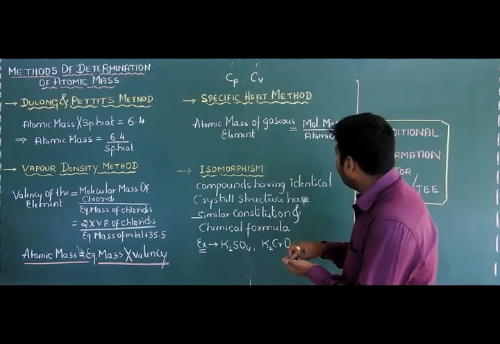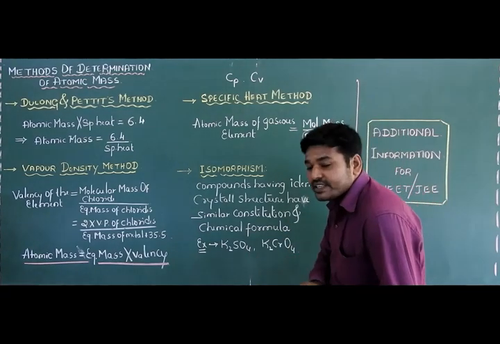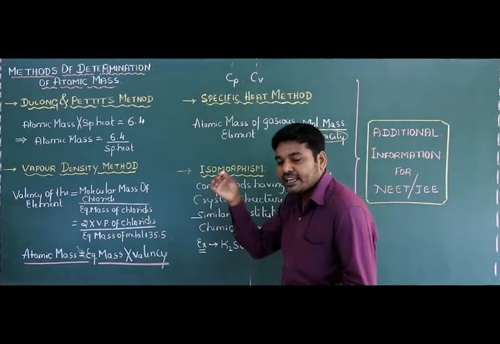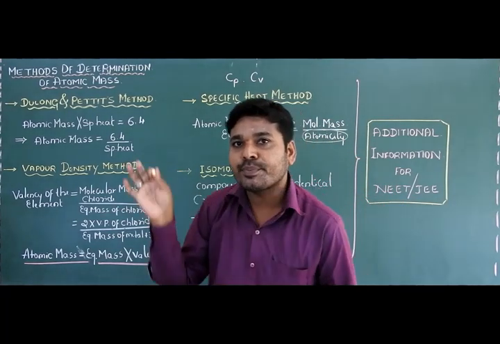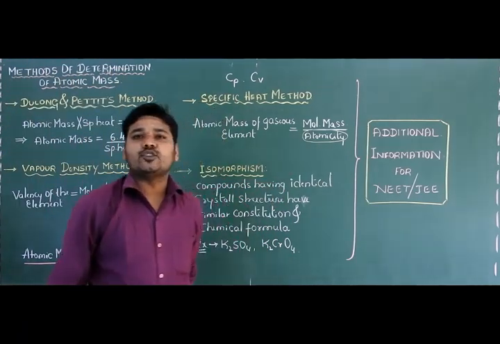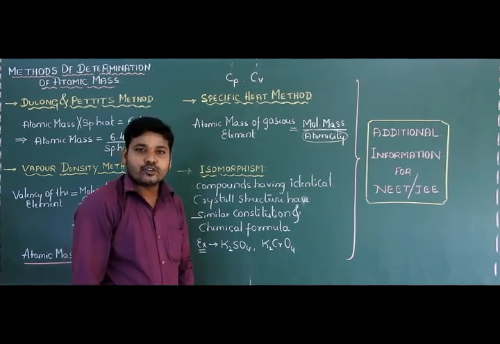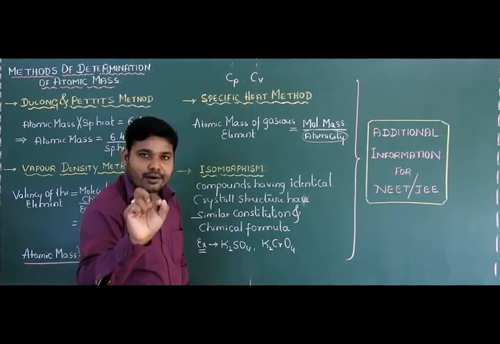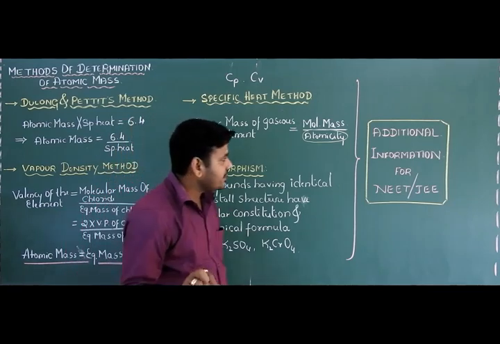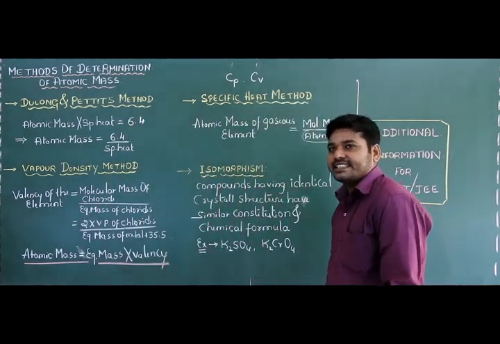One more term, atomicity. Listen to this word carefully. Atomicity is nothing but the number of atoms present in a given molecule. So what is meant by atomicity here? The number of atoms present in a given molecule is called atomicity.